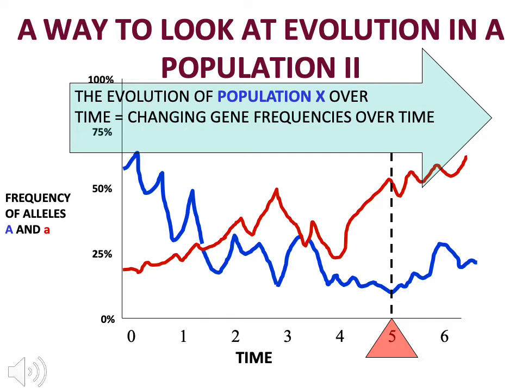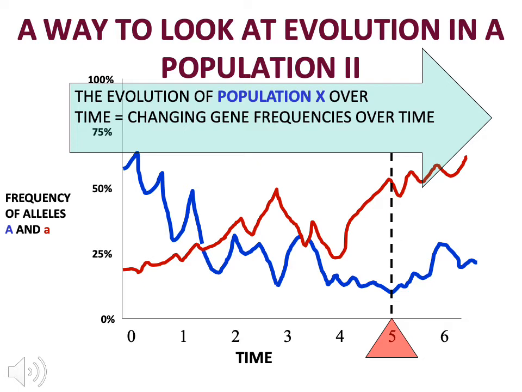I see the changing gene frequencies, but at the instant point, which corresponds with the number 5 on the x-axis, at that point, I could actually compute exactly how many individuals in the population have the recessive allele, how many individuals have the dominant allele, and not only that, I should be able to compute how many of those individuals are big A, homozygous dominant, how many of those individuals might be little a, homozygous recessive, and how many might actually be heterozygous, big A, little a.